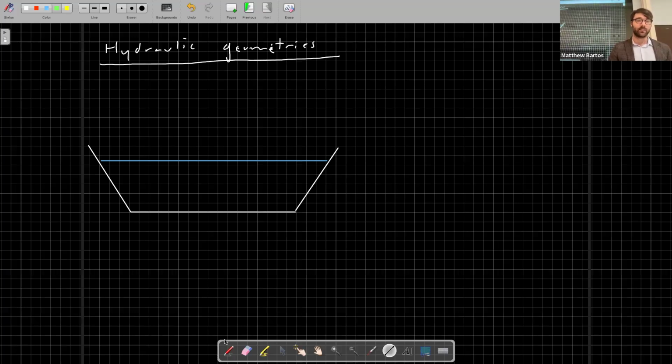We will say that the depth of water in the channel is given by H. This is the depth of water above the channel bottom.